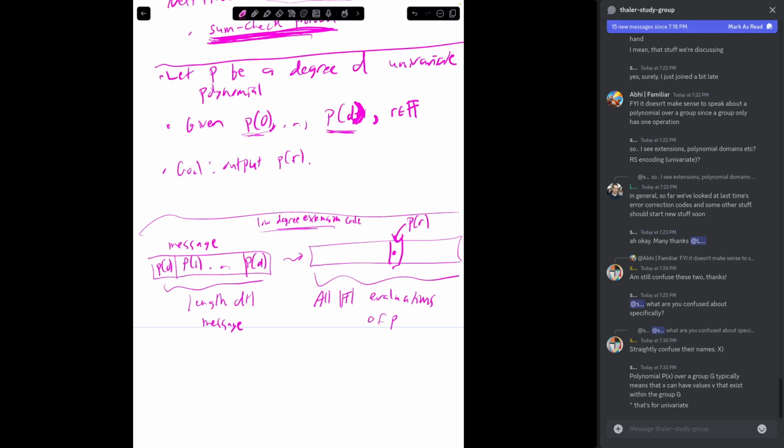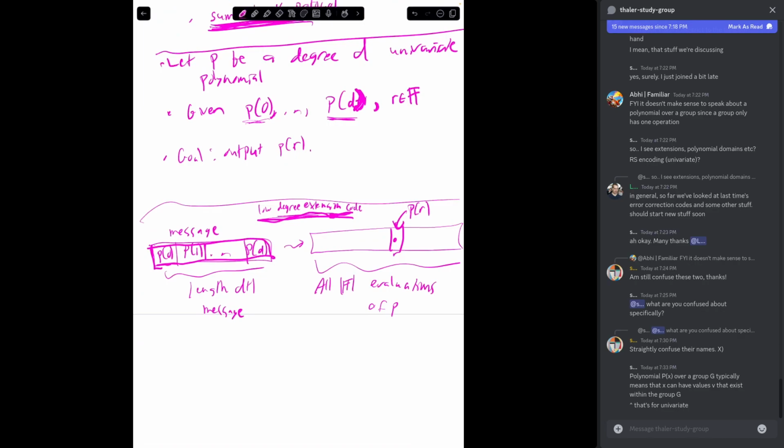This is the code that arises most frequently in SNARK design, these low degree extension things, where in SNARKs typically the symbols of the message will be entries of a witness vector or something like that.